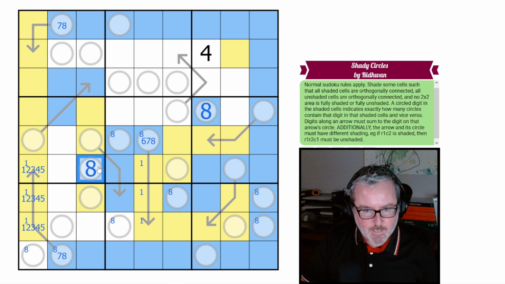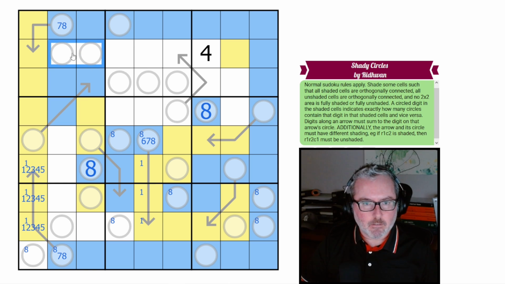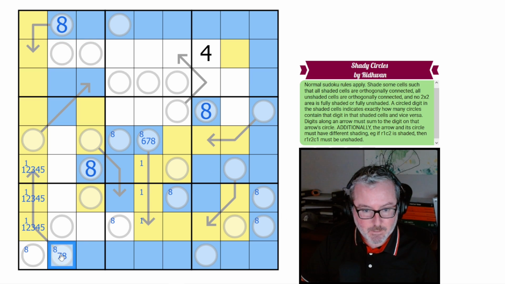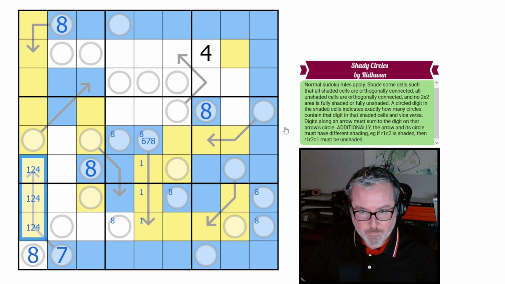This can't be an 8 because we have an 8 seeing it. Therefore, the only circle in this region that can be 8 is here, which means this is 7 and this is 8. Therefore, the 7 must be a 1, 2, 4 grouping. Okay, we're getting somewhere.